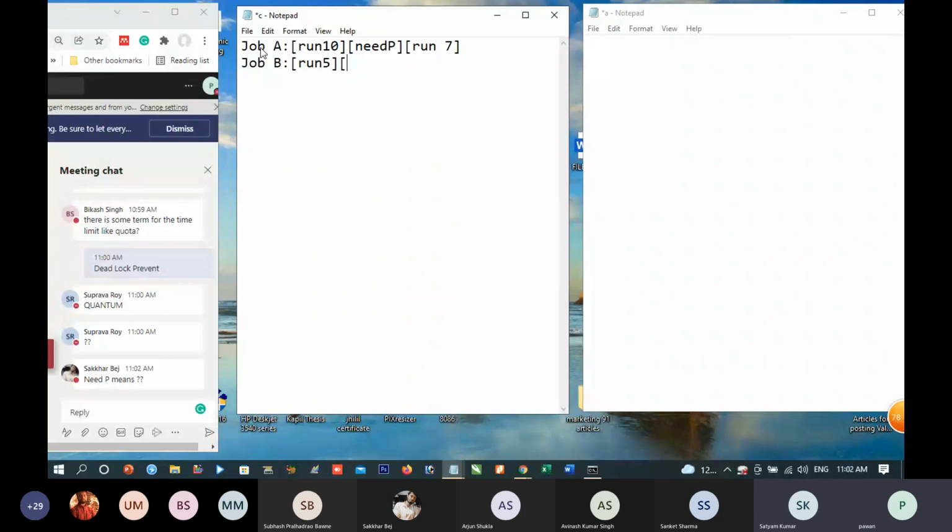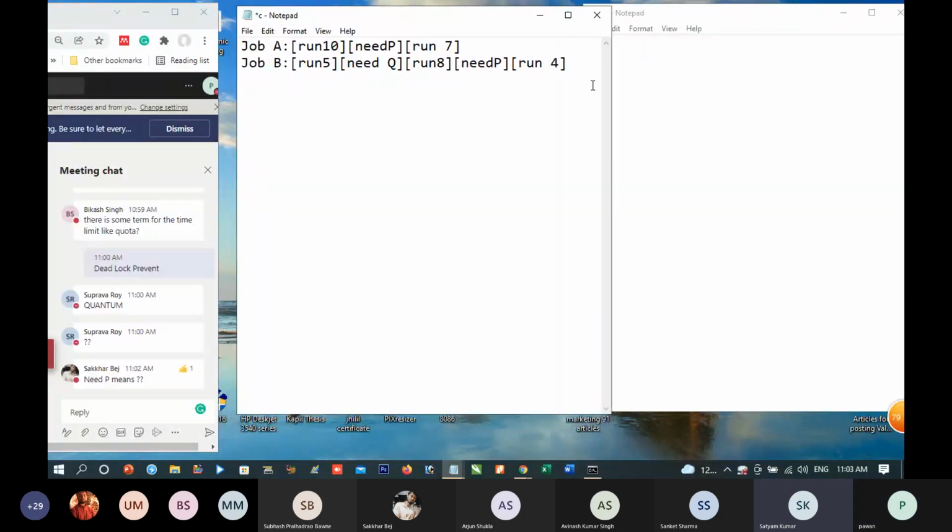Then it needs Q. Then it runs for a further 8 unit time. Then it needs P. Then it runs for 4 unit time. Okay.